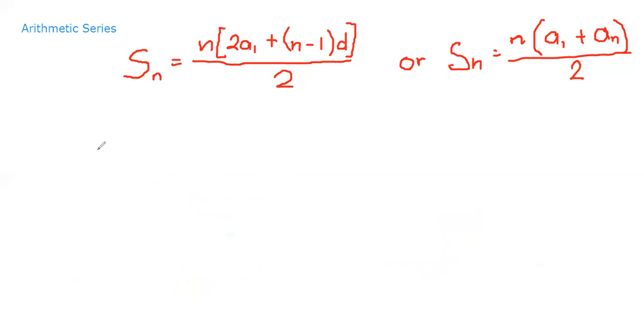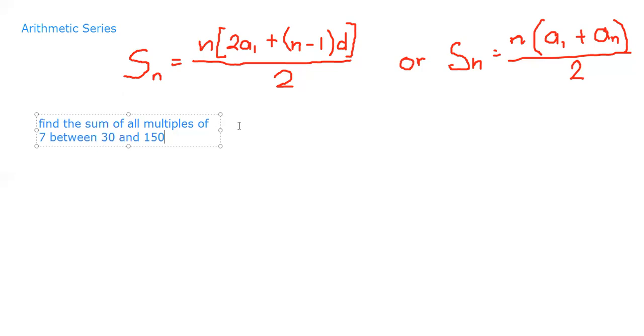So, nakalagay dito, find the sum of all multiples of 7 between 30 and 150.